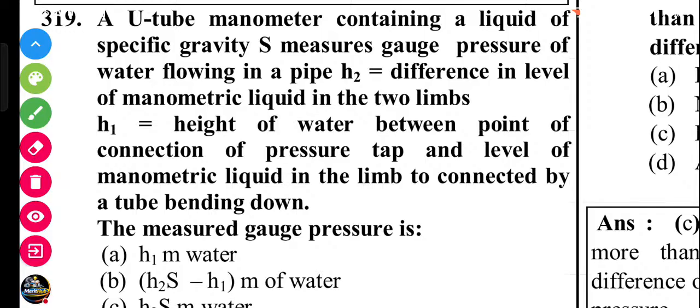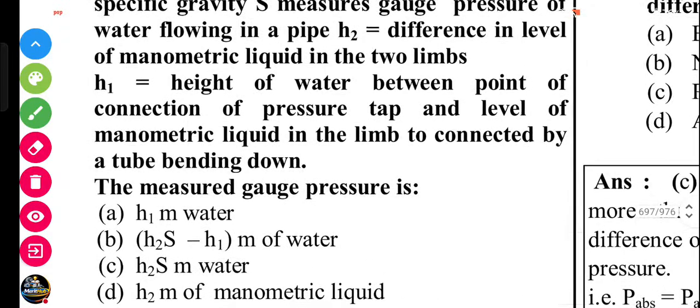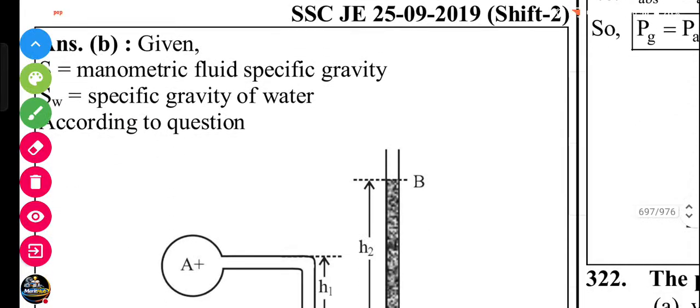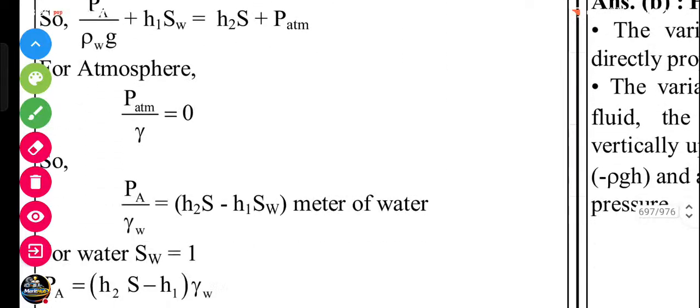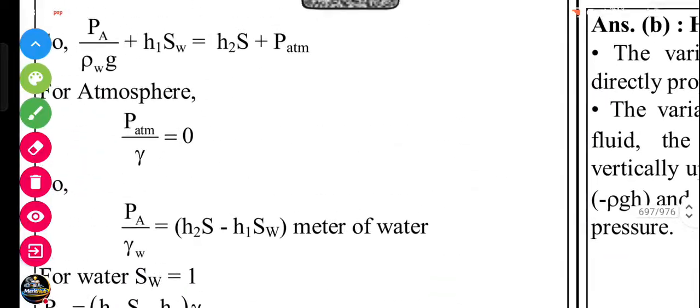The measured gauge pressure equals the weight of the water, H2 S minus H1 of the water. I think B is the answer. B is the answer. Yes, you can see the solution.